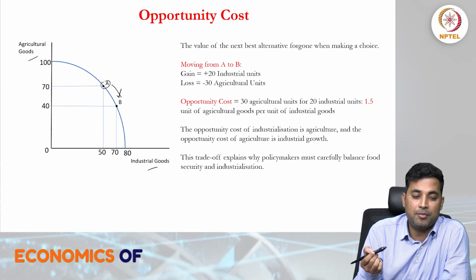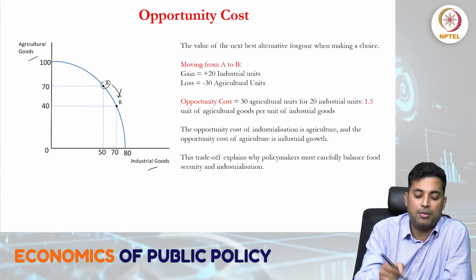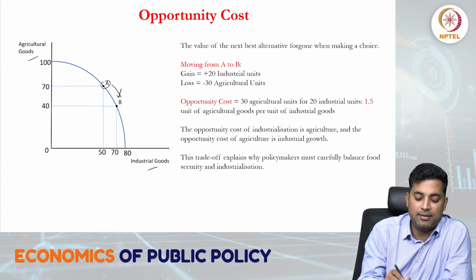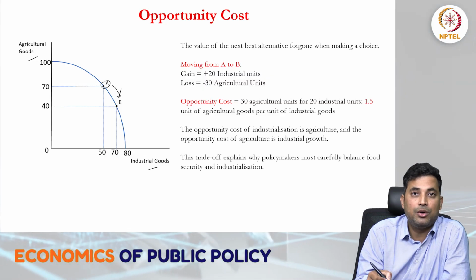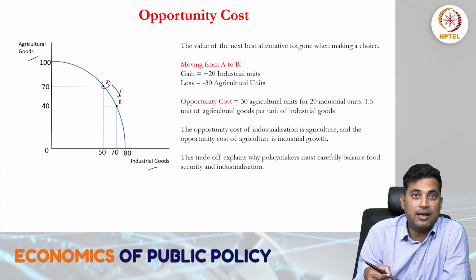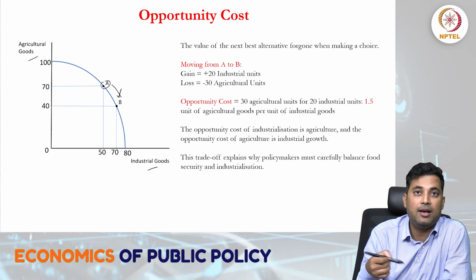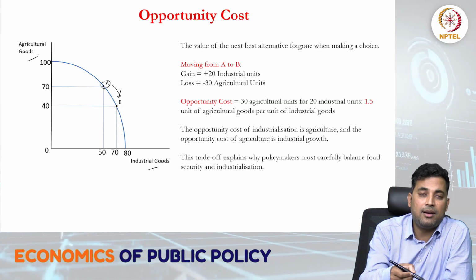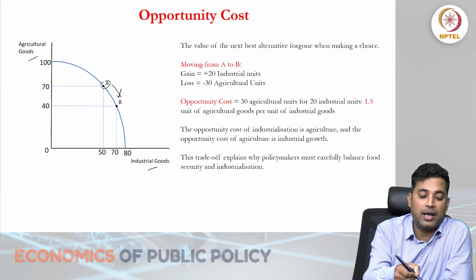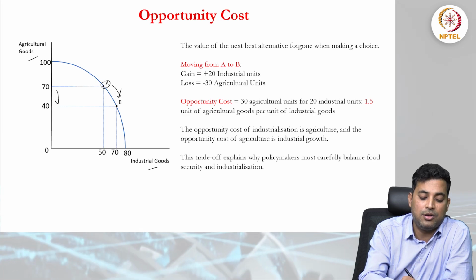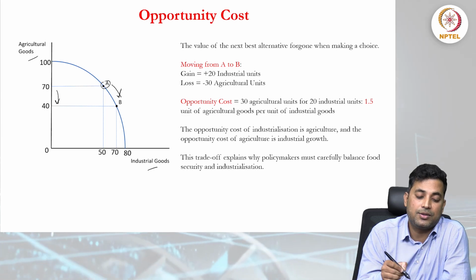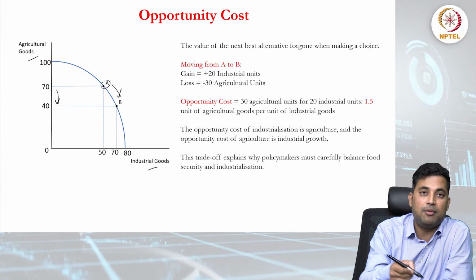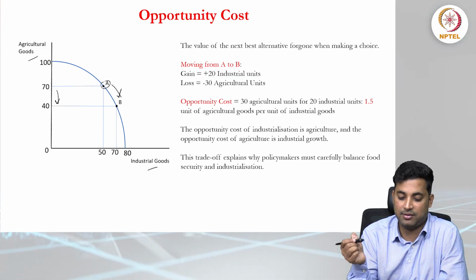So now the decision is whether I want to move from A to B. If I move from A to B, then industrial goods units increase from 50 to 70, so increased by 20 units. But this is at the cost of agricultural commodities, because units of agricultural goods decrease from 70 to 40, reduced by 30 units.